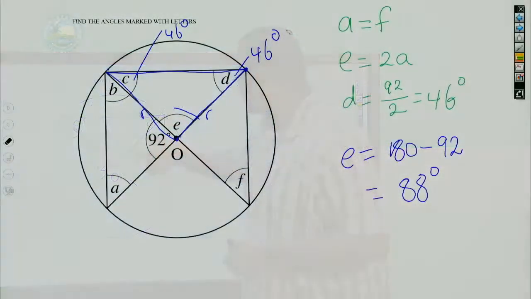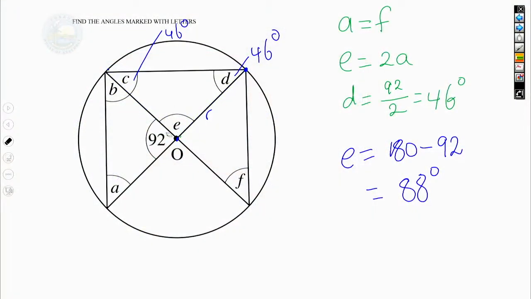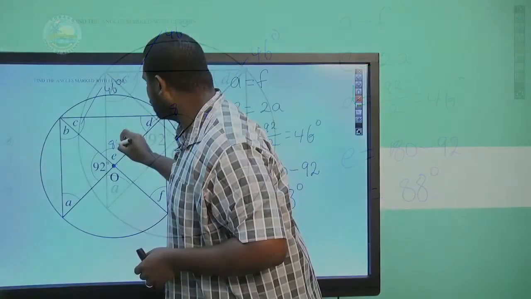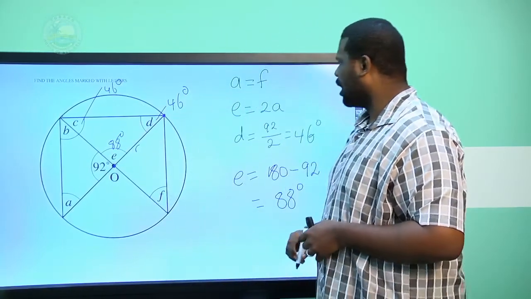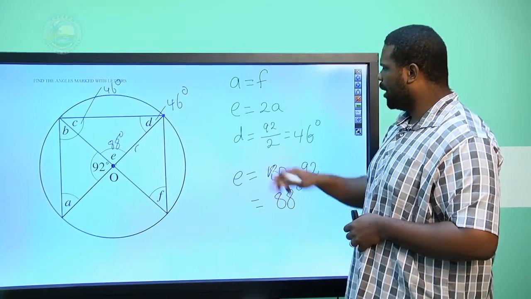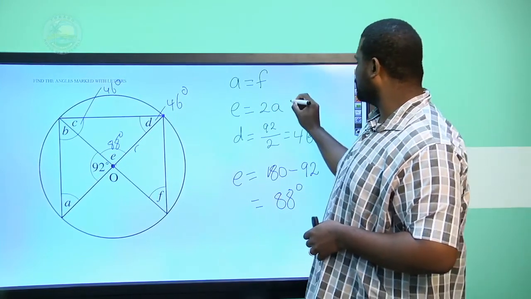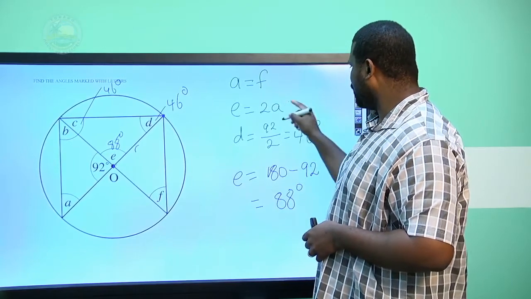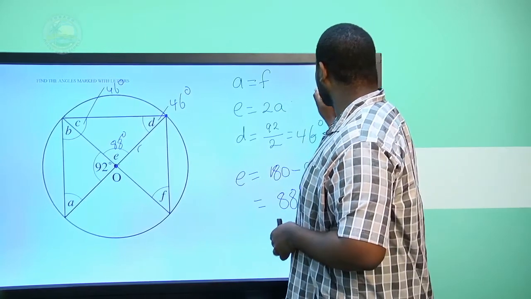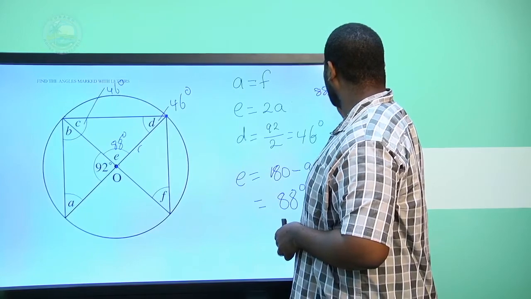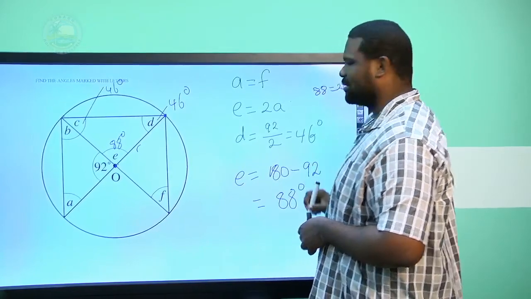So what have we met so far? We've seen what D is, we've seen what C is, we've seen what E is, and E is 88 degrees. Now, we know that E is twice A. So using this rule, 88 is double whatever value A is.